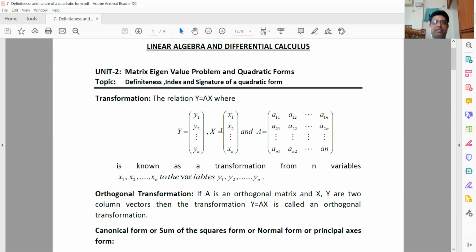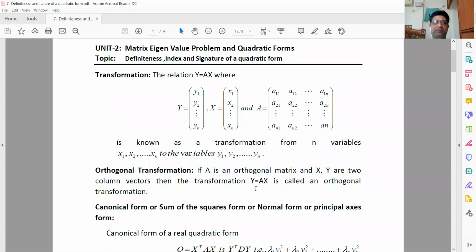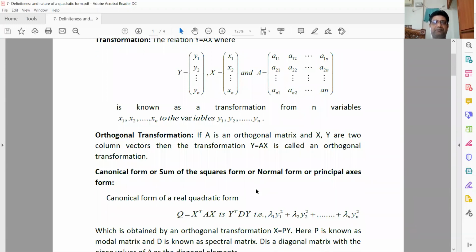So this is known as a transformation. Whenever this matrix A is an orthogonal matrix, then we say that it is an orthogonal transformation. So that is the definition of orthogonal transformation.